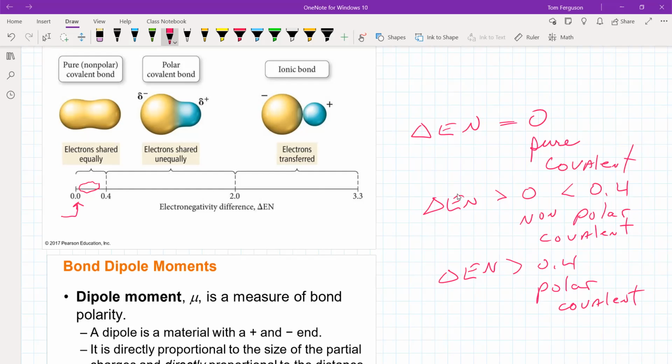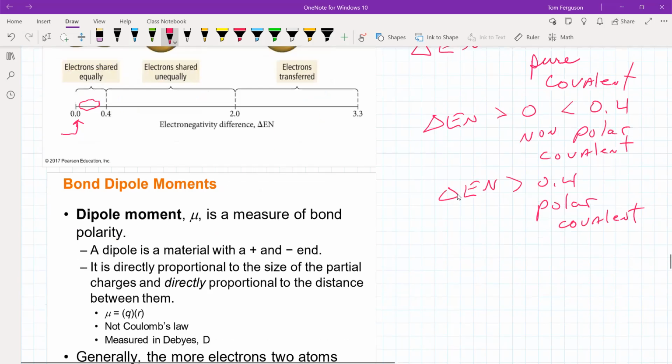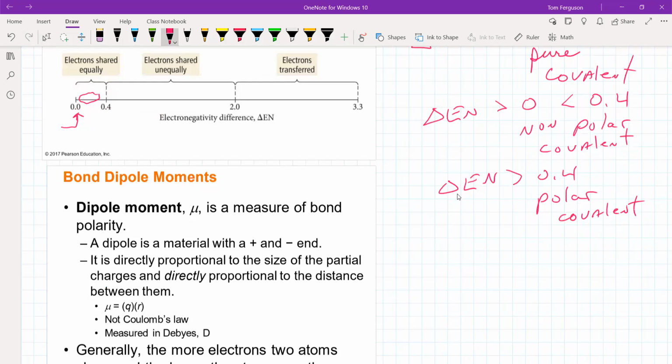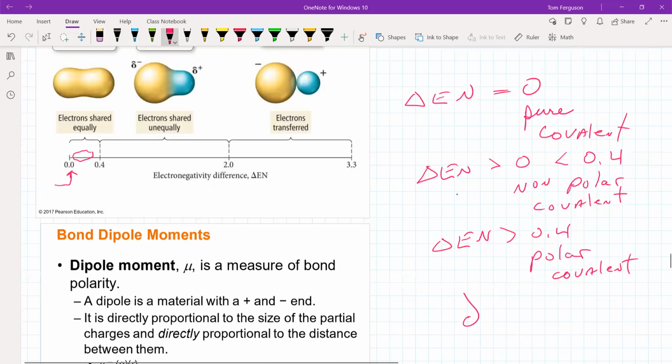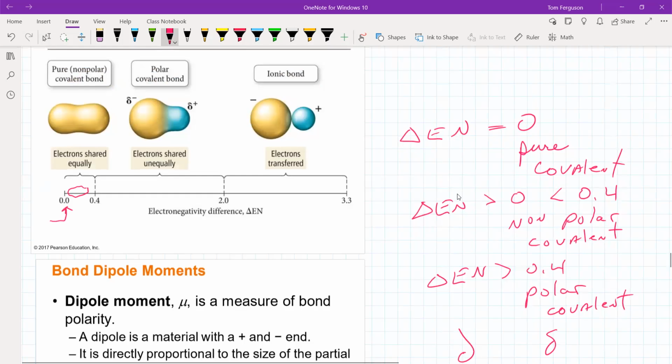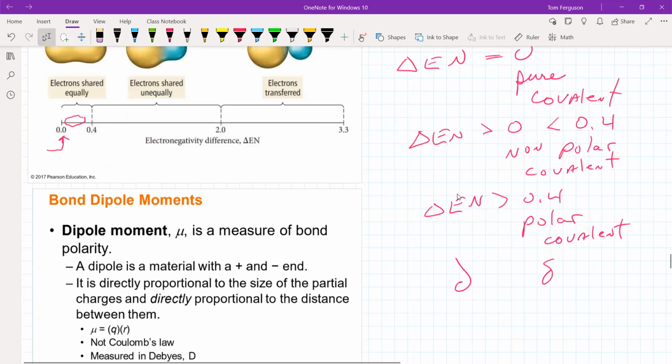Whenever you see that, it's a partial delta, which is weird.